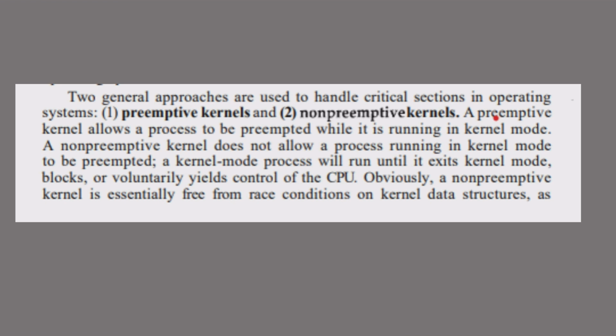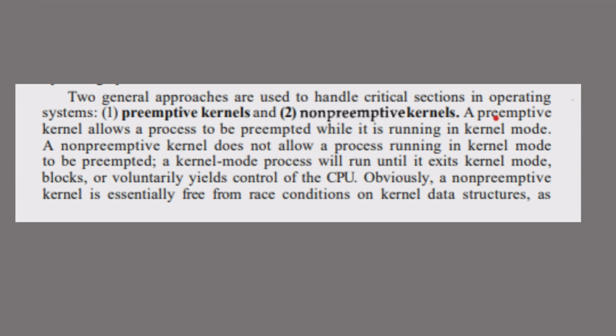Two general approaches are used to handle critical sections in operating systems: first, preemptive kernels, and second, non-preemptive kernels. A preemptive kernel allows a process to be preempted while it is running in kernel mode. A non-preemptive kernel does not allow a process running in kernel mode to be preempted.